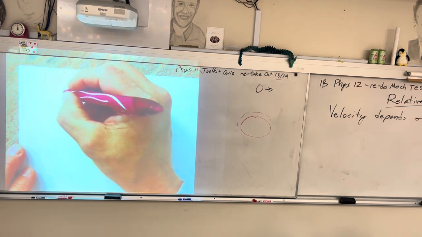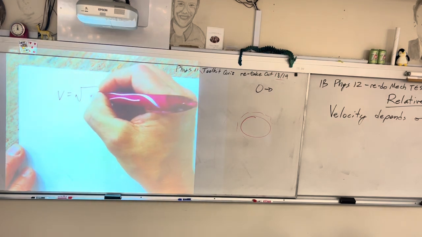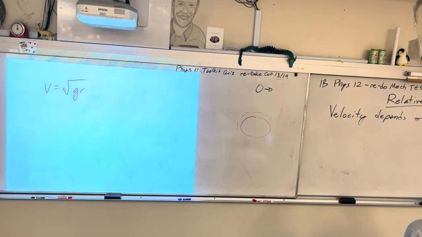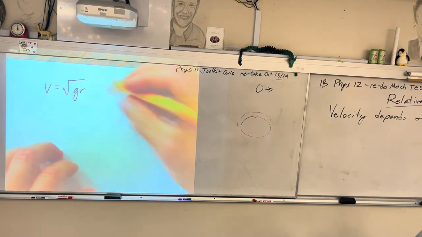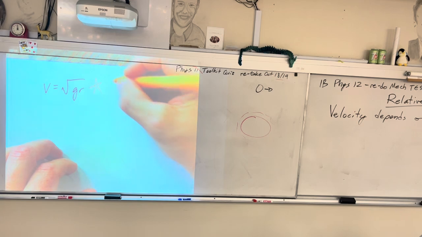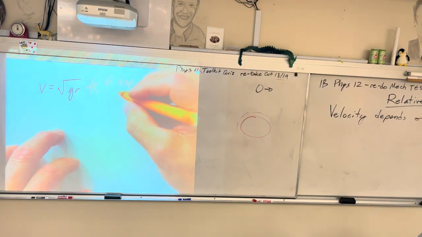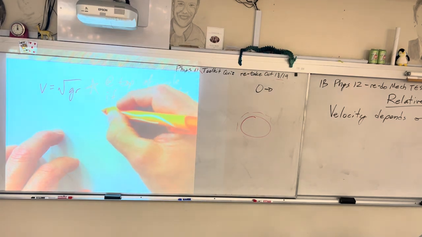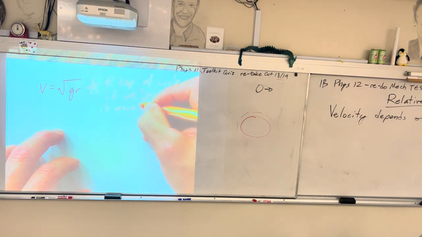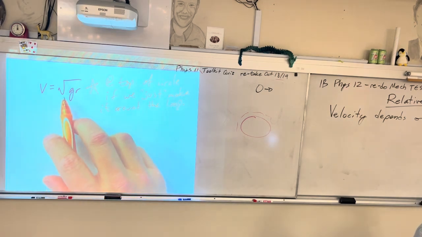Okay, so we said that v has to equal the square root of gr, and this is at the top of the circle, if we just make it around the loop. So if we just make it around the loop, this has to be our velocity.